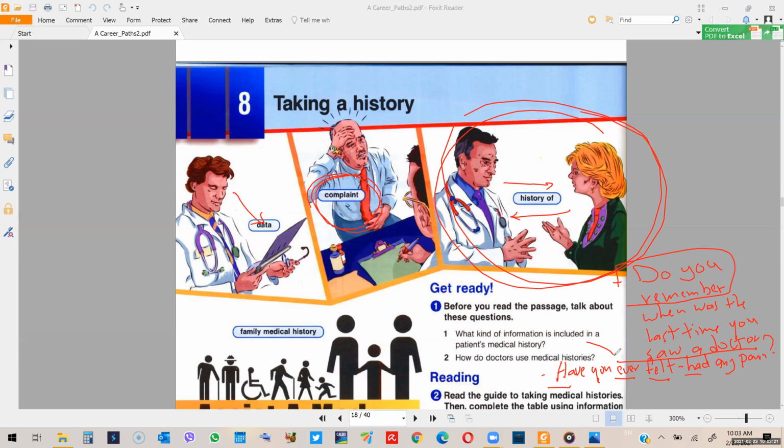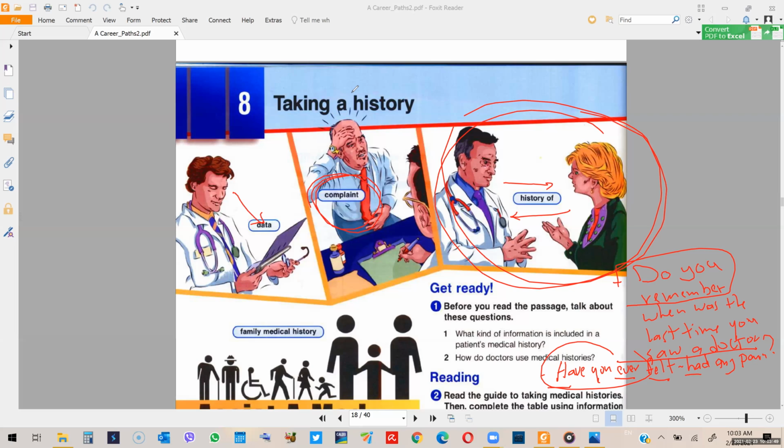So you use present perfect to ask about the history of the condition. So in this way: do you remember, do you think, can you tell me? We can use these auxiliaries: can you, could you, would you tell me? Could you tell me, please? So you ask using these expressions to talk about these issues.